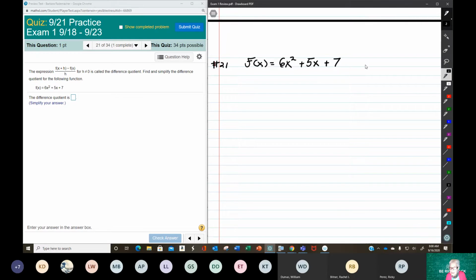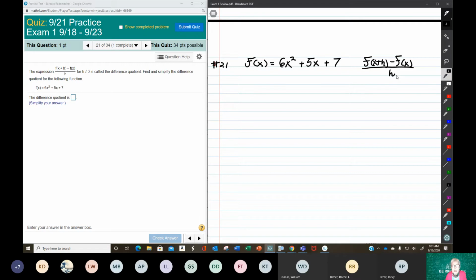Okay, and I'll write it up here. F of x plus h minus f of x over h, where h is a very small number, very, very small, like 0.001 or 0.0001, really, really small.